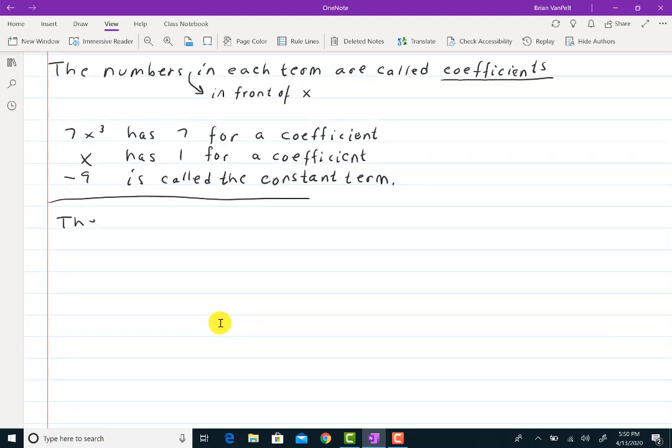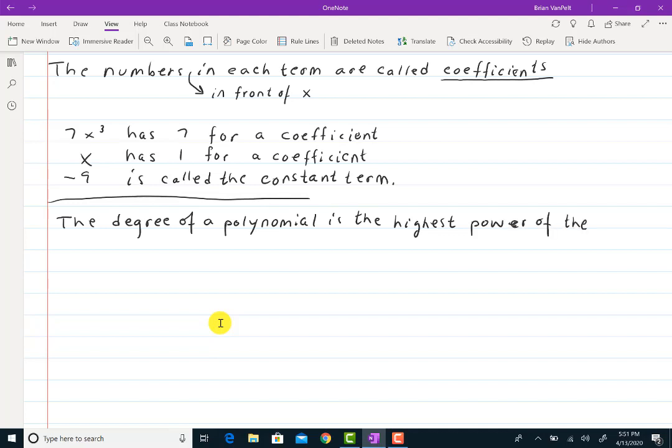The degree of a polynomial is the highest power of the variable.